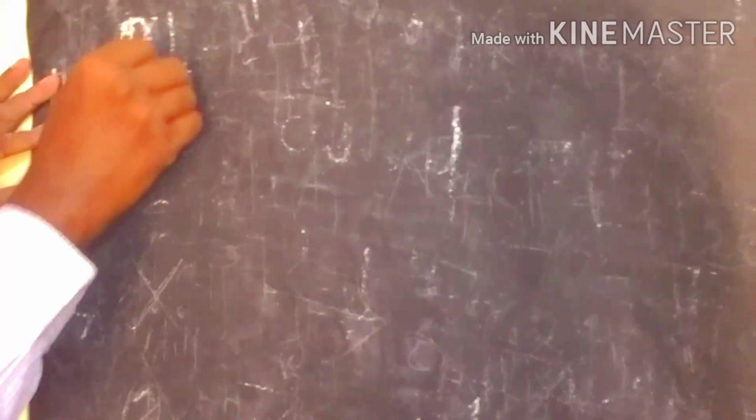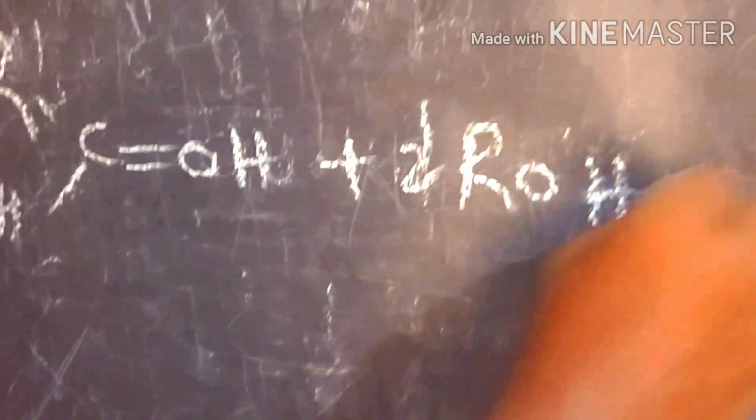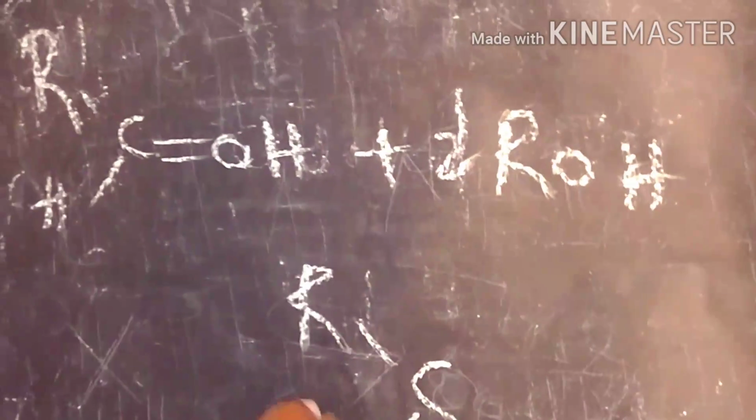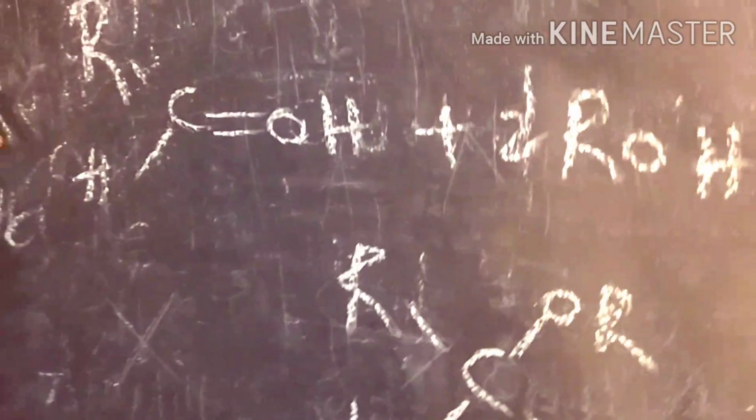In the next one, reaction with alcohols. When alcohols react with carbonyl compounds, we get ketals and acetals as the products. Like if you take an aldehyde and react it with two moles of alcohols, what is happening? This is the acetal, we get from acetaldehyde.